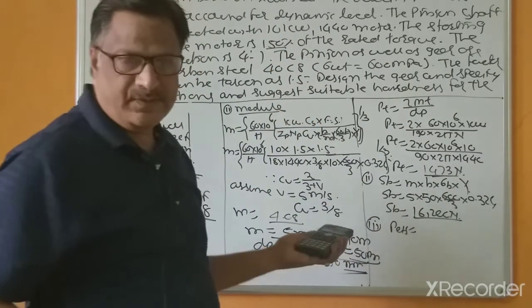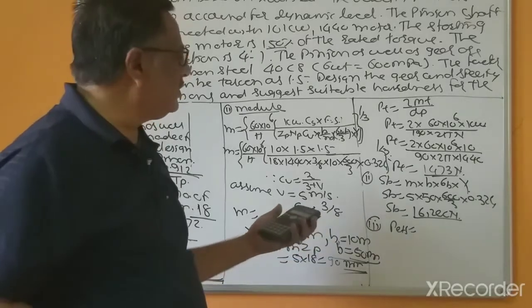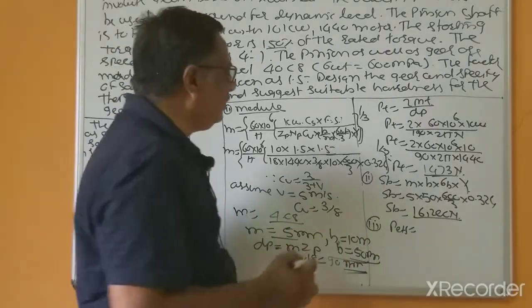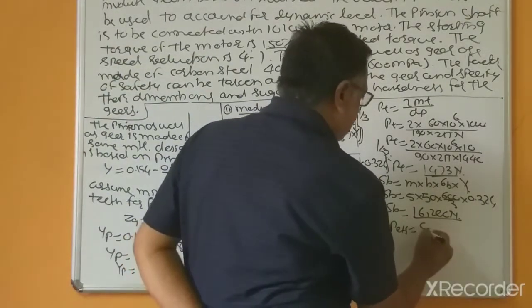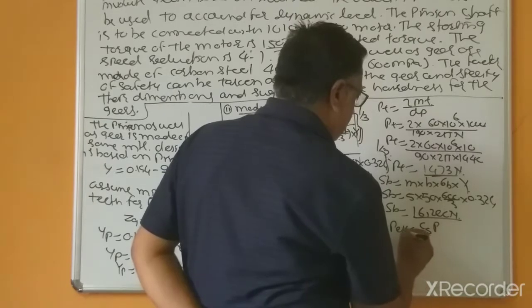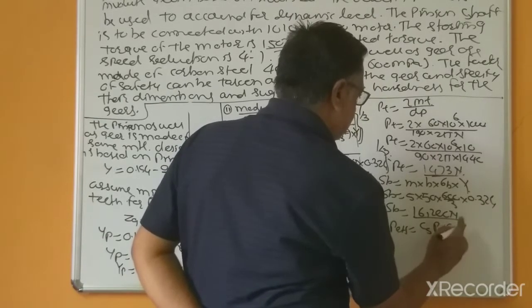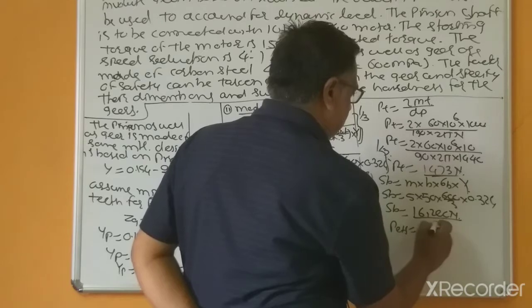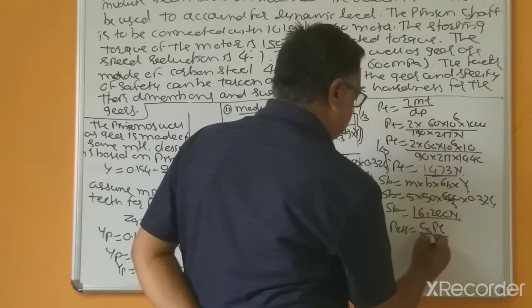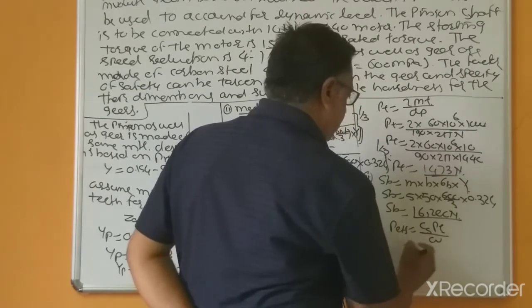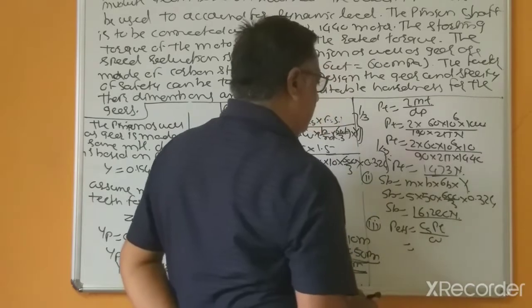Next step is calculation of effective loads. So in these problems, for the calculation of the effective loads, we can calculate only effective loads. So that's why this is PT divided by CV, CS.